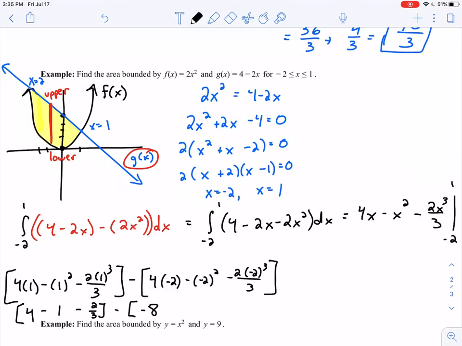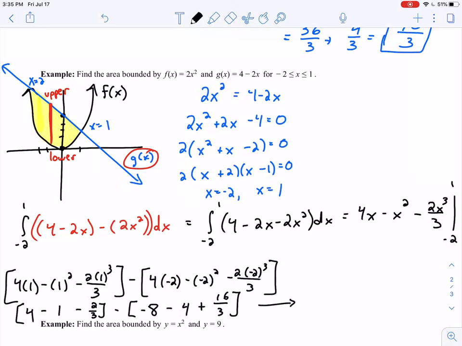Negative 2 squared, that'll give me minus a positive 4. Minus here 2, let's see, negative 2 to the third would be negative 8 times this. I'll actually have plus 16 over 3, excuse me. This would be negative 8 over 3 times negative 2. Yes, 16 over 3.